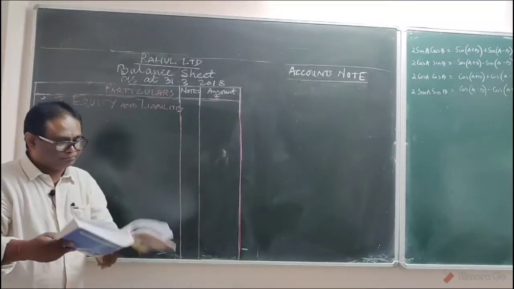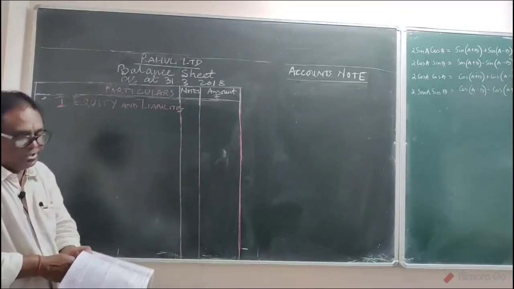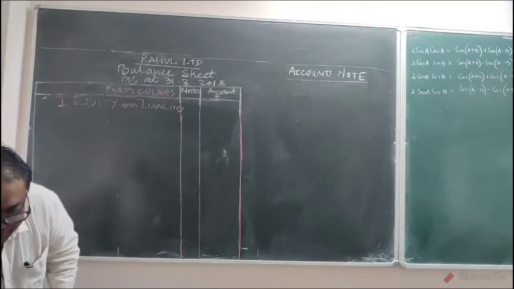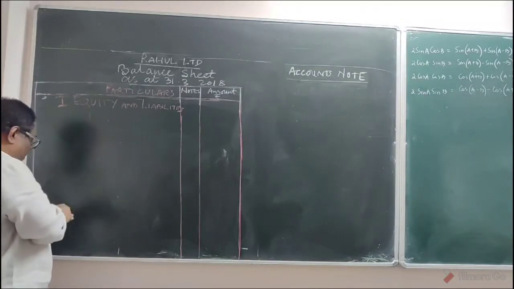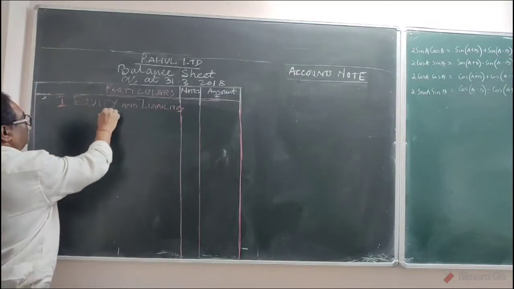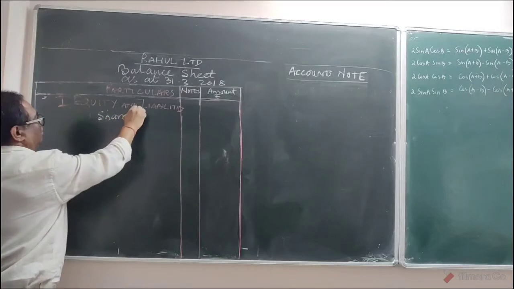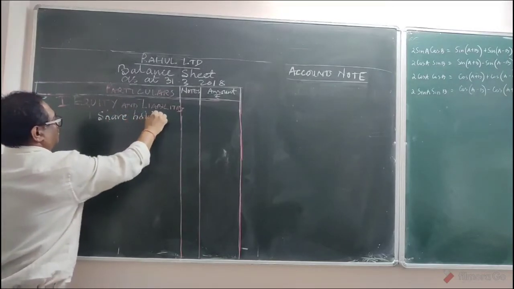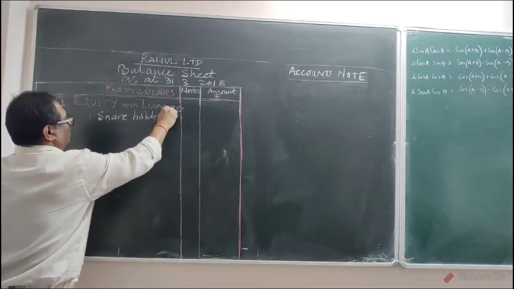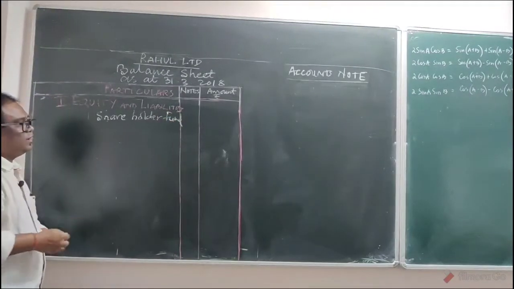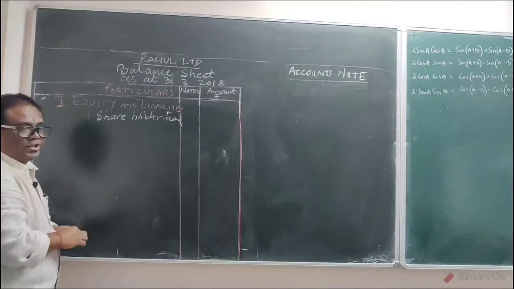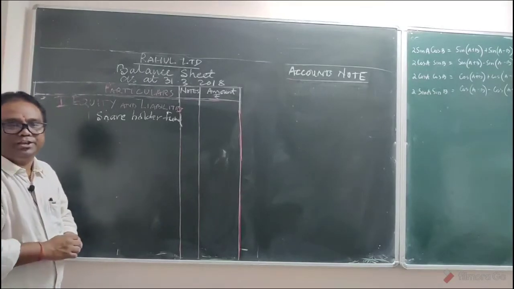First of all, under the heading equities and liabilities, number one we have shareholders fund. Inside the shareholders fund we have share capital.